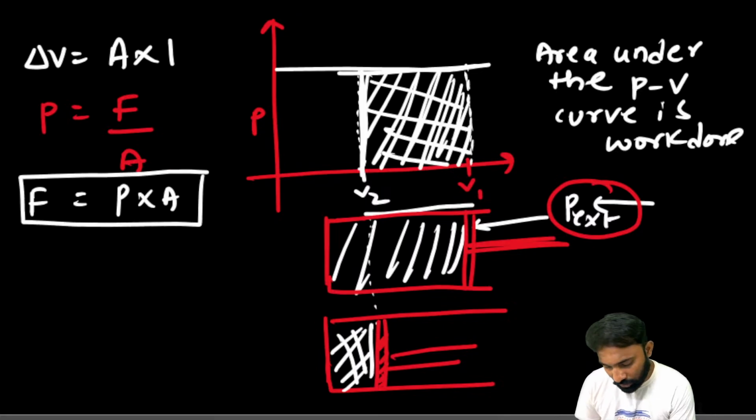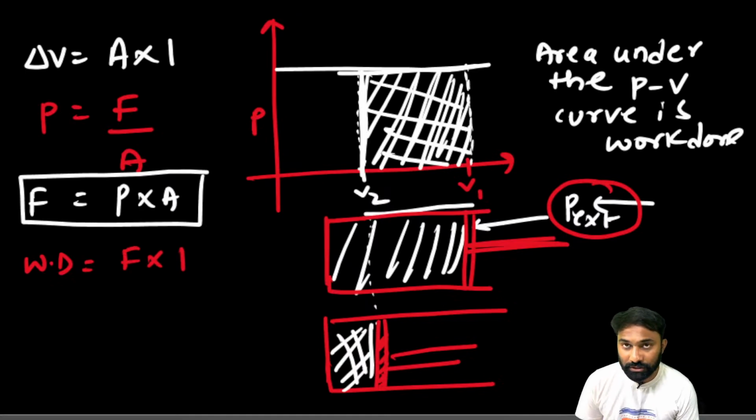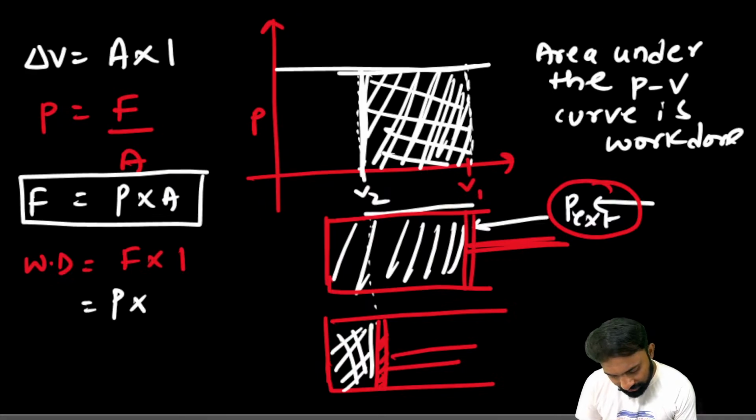Now how much work did I do? Work done formula: work done is equal to force into length. Clear? Now the force is pressure into area, so work is pressure into area into length.